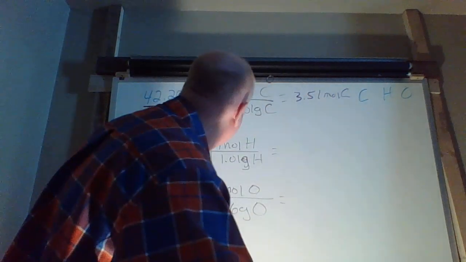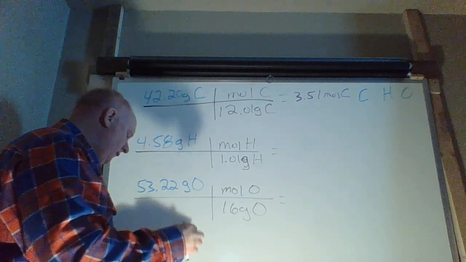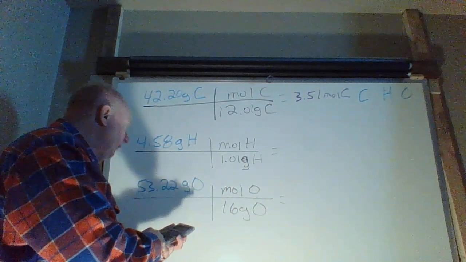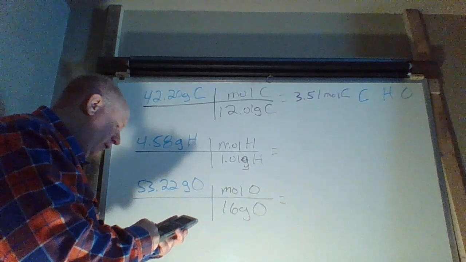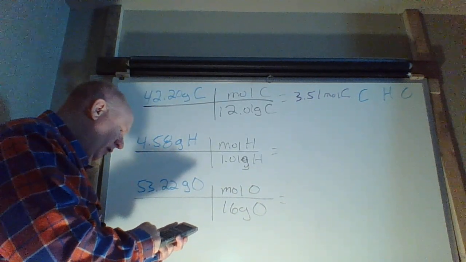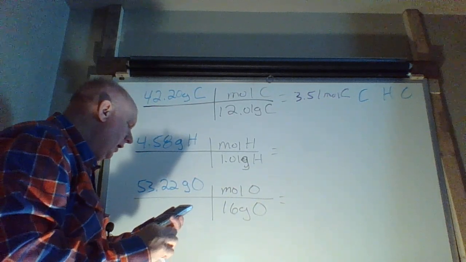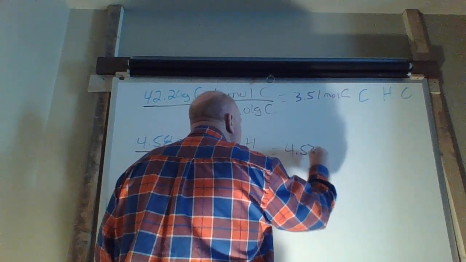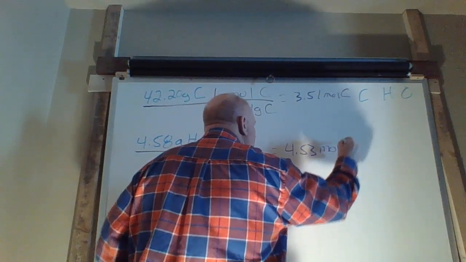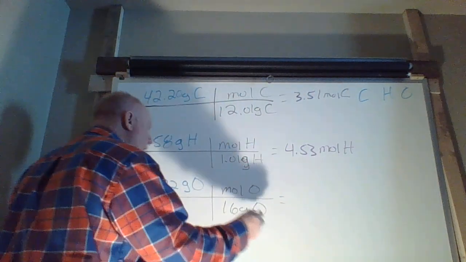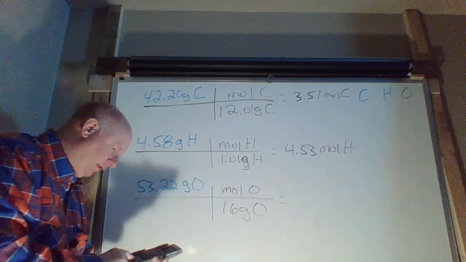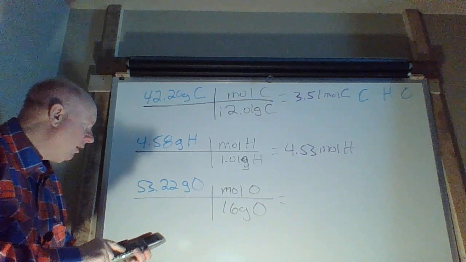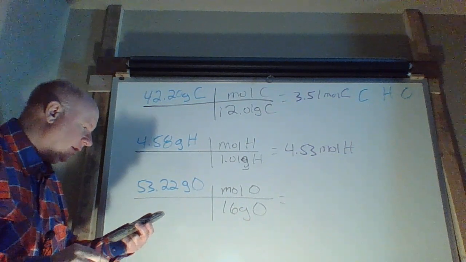Then 4.58 divided by 1.01 gives us 4.53 mole of hydrogen. And then finally the remaining oxygen, 53.22 divided by 16, gives us 3.33 mole of oxygen.